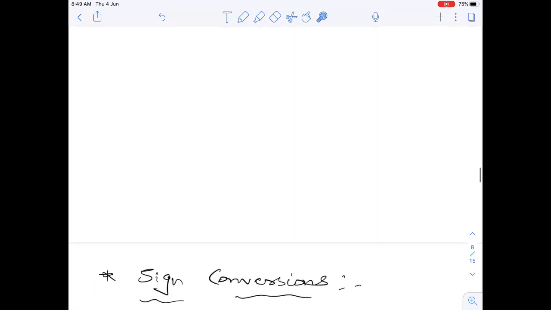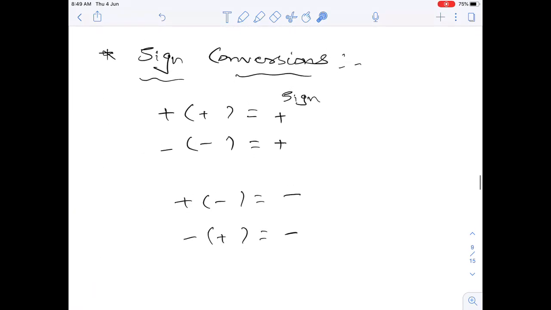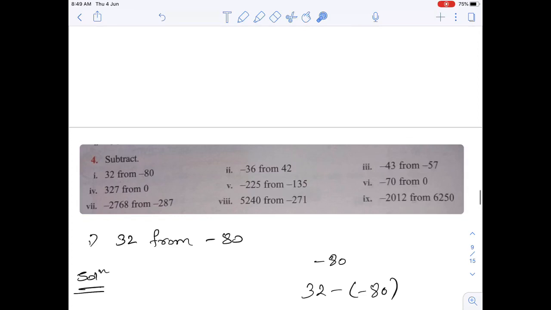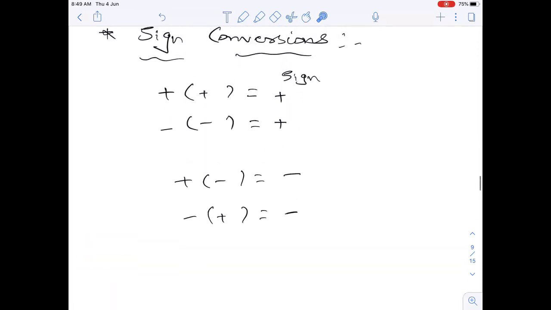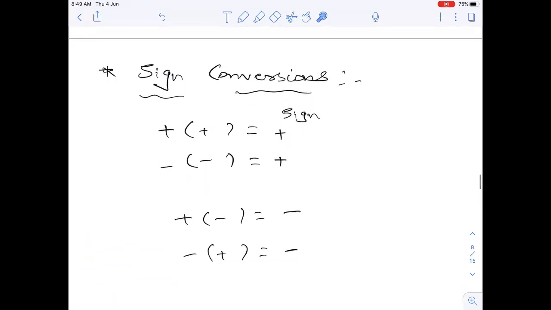Now let us learn the next topic, that is sign convention. If you are going to solve examples like this one, we need to learn some sign convention before that. If a number is followed by a sign, and immediately after that another sign is present, we have to make some changes in the sign if necessary.